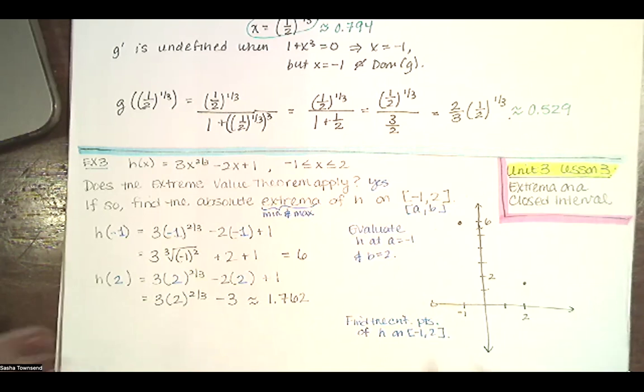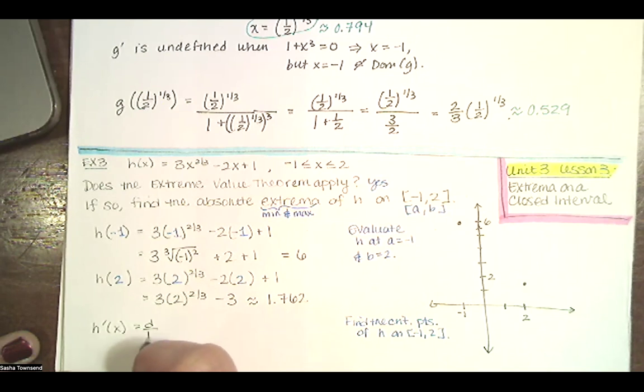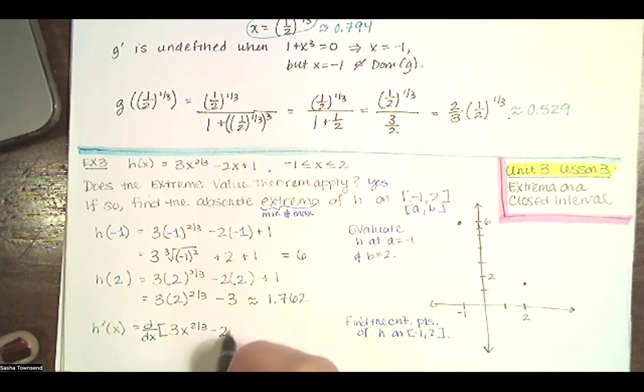So again, we're looking for those points where the derivative is either 0 or does not exist on the interval of interest. So to do that, the first thing we do is compute h prime. So it's the derivative with respect to x of 3 times x to the 2/3 minus 2x plus 1.